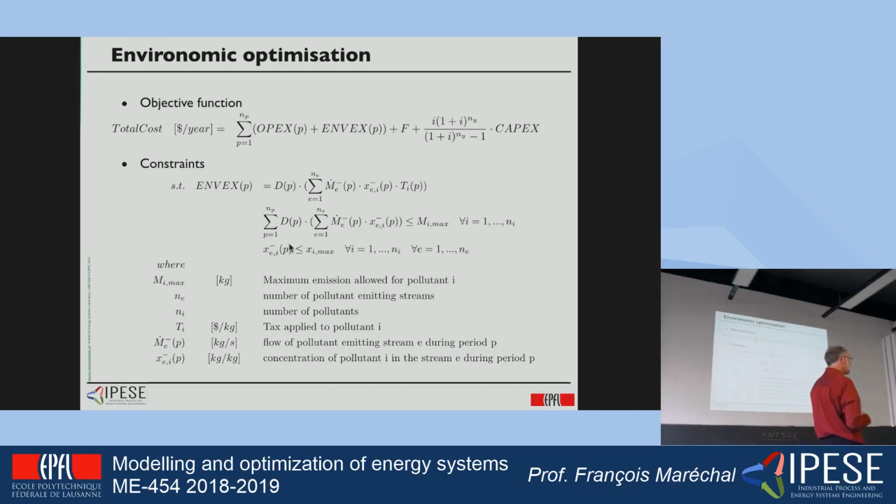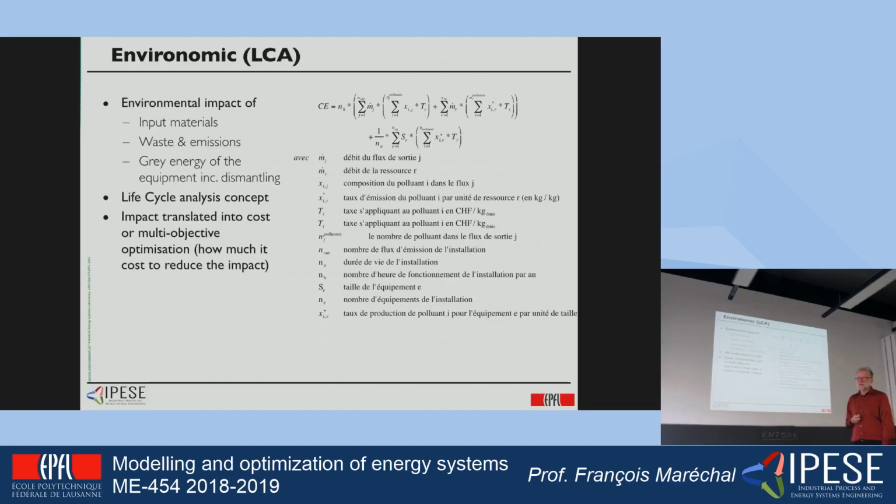And if I want to be fair, I have also to add to this the life cycle impact. What does it mean? It means that when I'm using natural gas, I'm going to emit carbon dioxide because I'm burning natural gas. But someone had to extract the gas at the well, had to compress it, to clean it, to transport it, to distribute it to my place, and all those steps consume energy as well.